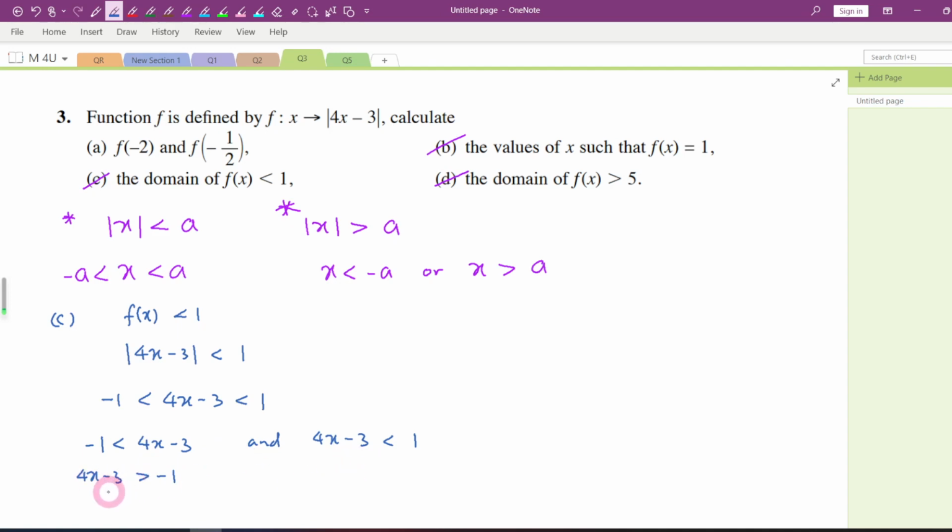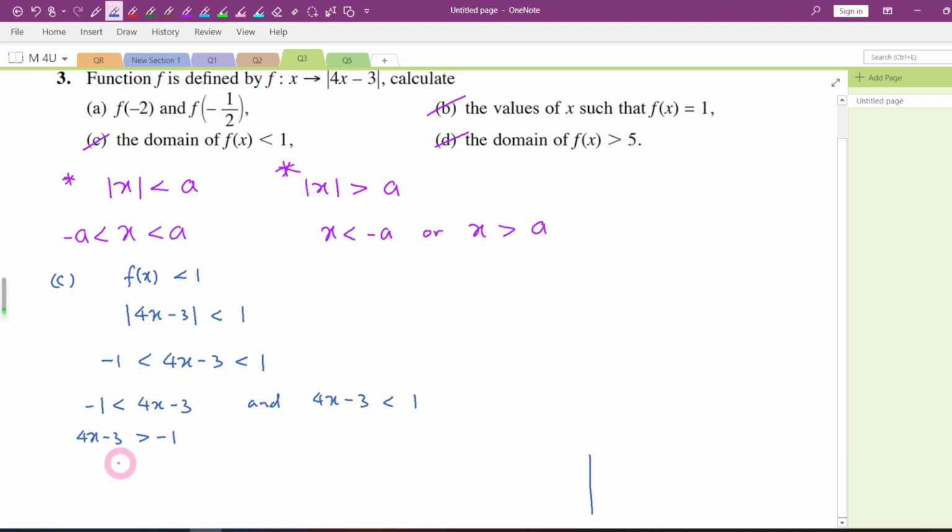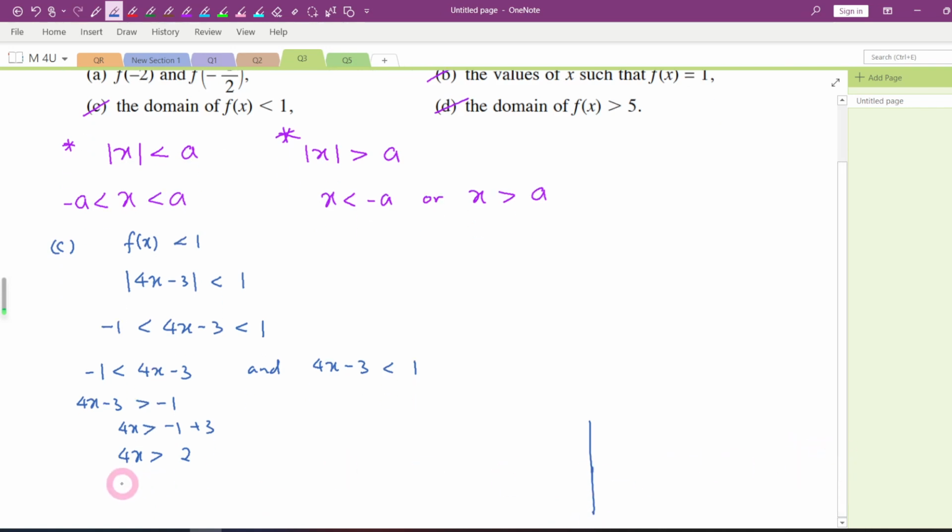Now try to solve this inequality. 4x is greater than negative 1 plus 3. 4x is greater than 2. X is greater than 2 over 4. X is greater than 1 over 2.